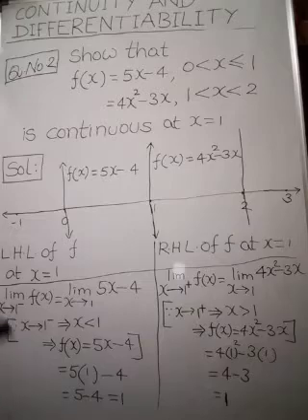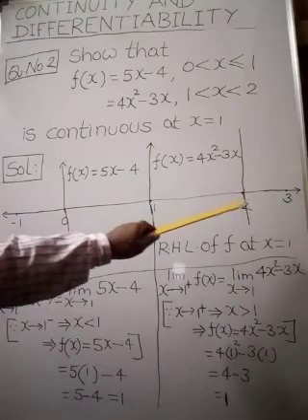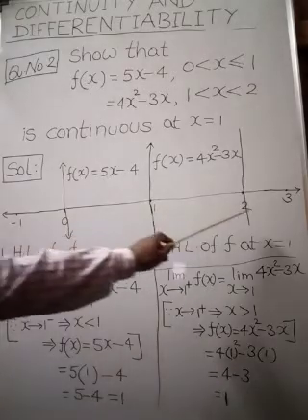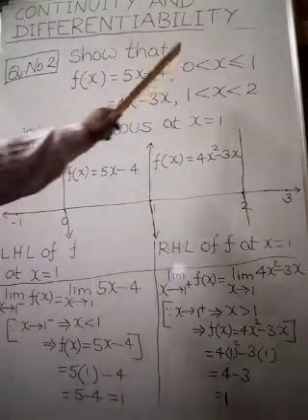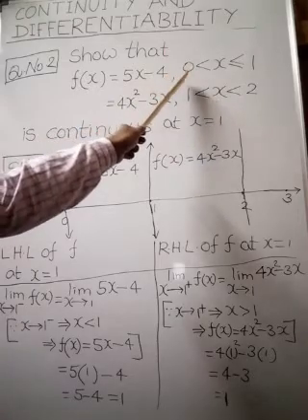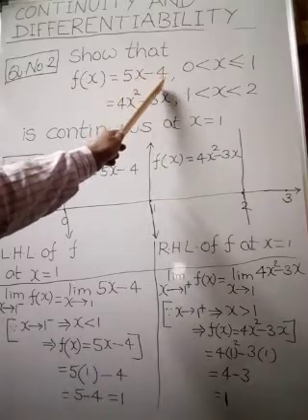Now, I am representing the given function pictorially. On the number line, see here, this is the number line: minus 1, 0, 1, 2, 3. Here, how the function is defined between 0 and 1, f of x is equal to 5x minus 4.